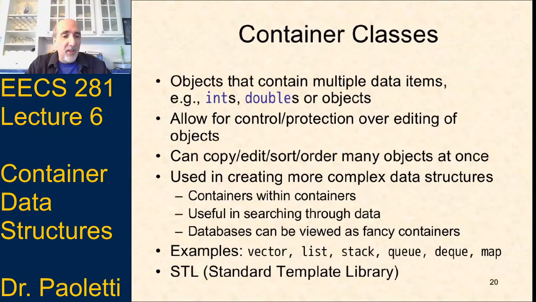And if I put that dictionary inside of a class, I'm 5 levels deep. I've got an object contains a vector, vector contains structs, struct contains strings, strings contains characters. I'm 5 levels deep, just in Project 1. So that's how we make more complex data structures, is by putting containers inside of containers.